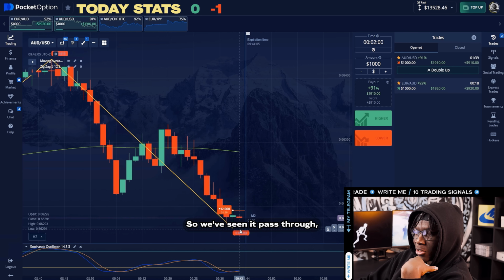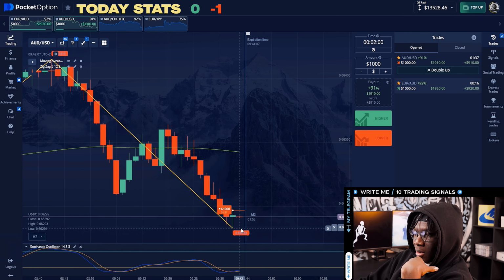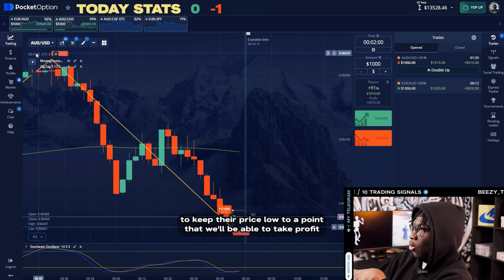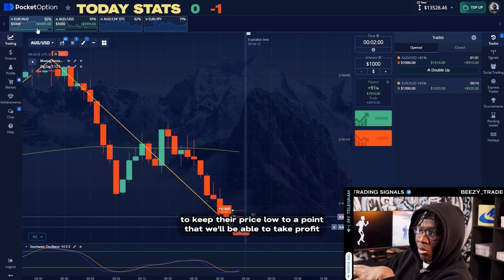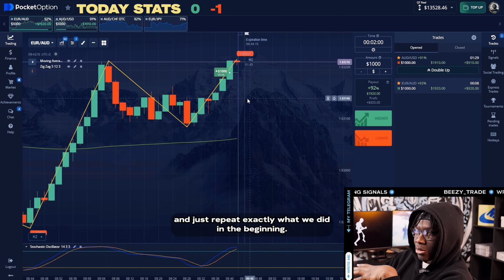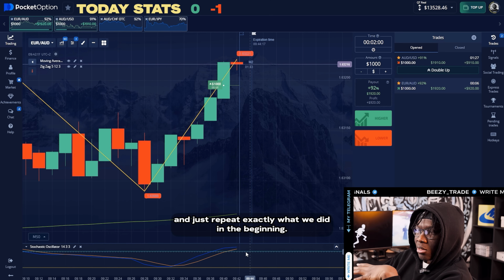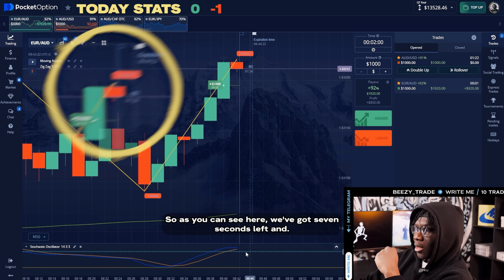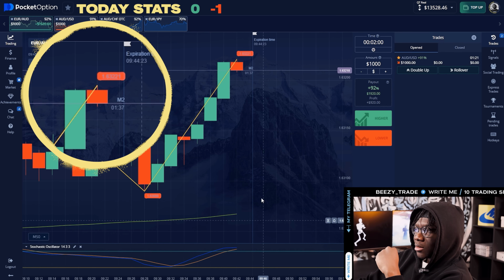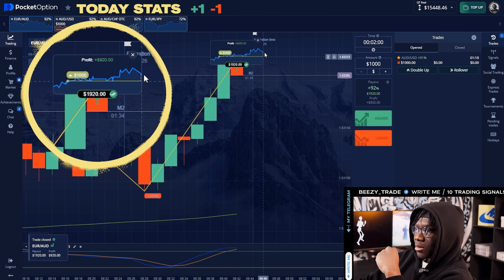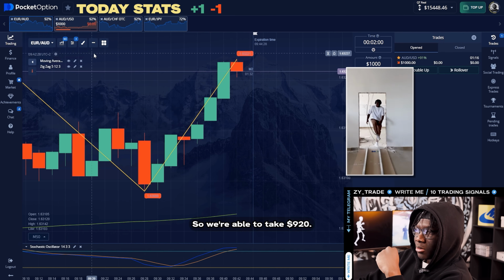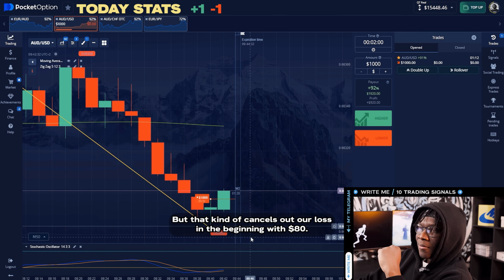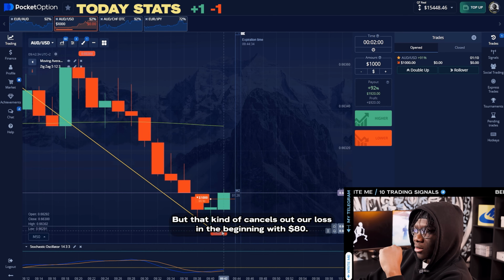So we've seen it pass through our price level, but I'm still expecting the sellers to keep that price low to a point that we'll be able to take profit and just repeat exactly what we did in the beginning. So as you can see here, we've got 7 seconds left, and it's good. So we're able to take $920, but that kind of cancels out our loss in the beginning with $80 to go.